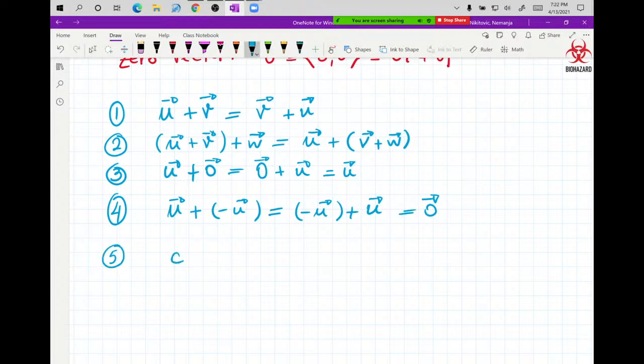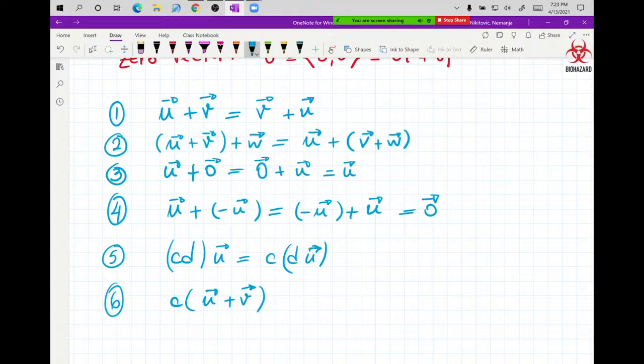Scalar multiplication, if you have multiple constants, says that you can multiply those first and then multiply them into the vector, or you can multiply one into the vector, leave the other one. So you can have any combination. Distributive property also works, and we actually have a couple of them because we can have multiple vectors or multiple constants.